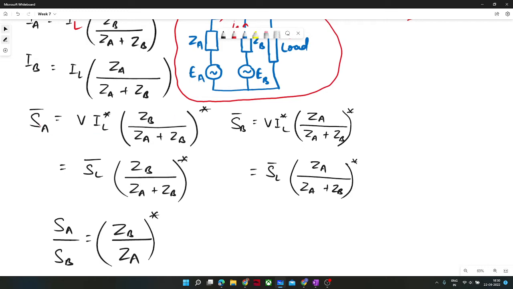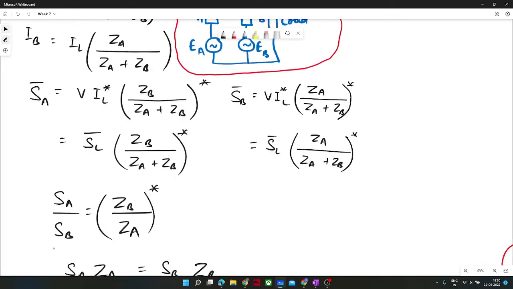So you see, the KVA rating of a transformer should be proportional to the load, and it will come inversely proportional to the impedance. So SA is inversely proportional to ZB, and SB is inversely proportional to ZA.